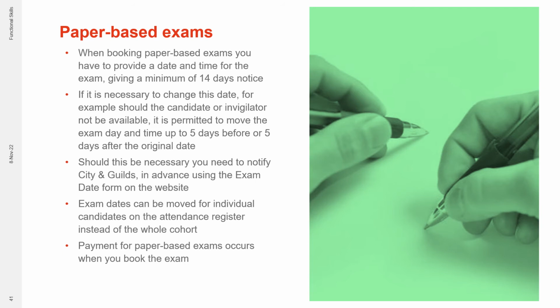Should this be necessary, you will need to notify City and Guilds in advance using the exam date form on the website, and there is a link to this on the Functional Skills landing page. Exam dates can be moved for individual candidates on the attendance register instead of the whole cohort. It's important to note that payment for paper-based functional skills exams occurs at the point at which you book the exam.